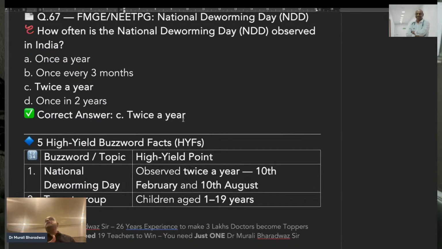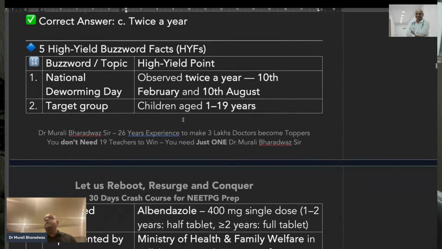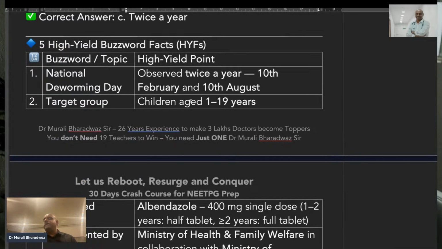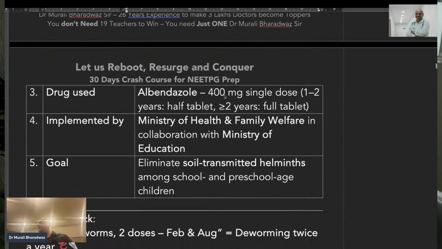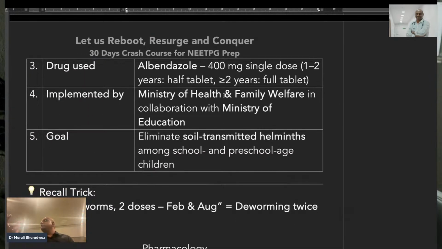How often is National Deworming Day observed in India? Twice a year: 10th February, before Valentine's Day, and 10th August, 5 days before Independence Day. Between 1 to 19 years. What do you give for deworming? Albendazole 400 milligrams, single dose.